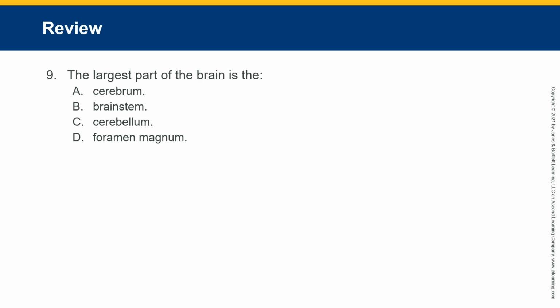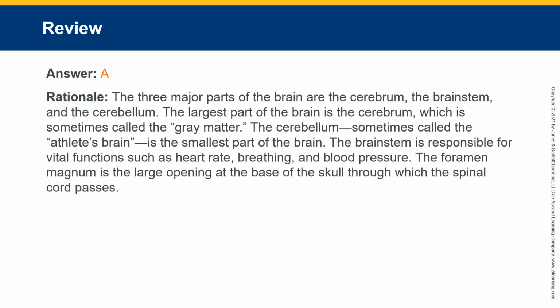You got A or C. Answer's A. Hey, got it 50-50. That's something. So the cerebrum is the big part of the brain, all the big squishiness. You got your brainstem, which connects, and then your cerebellum is the little bottom part.